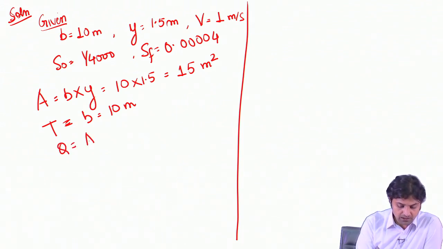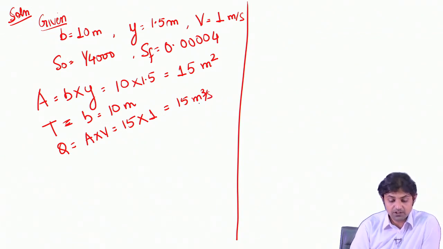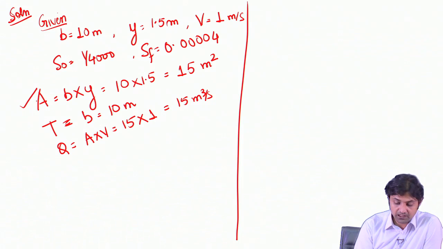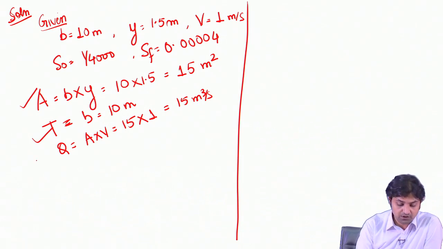Discharge is area into velocity, so 15 into 1, that is 15 meter cube per second. So we calculated A as 15 meter square, top width is 10 meter, and Q is 15 meter cube per second.